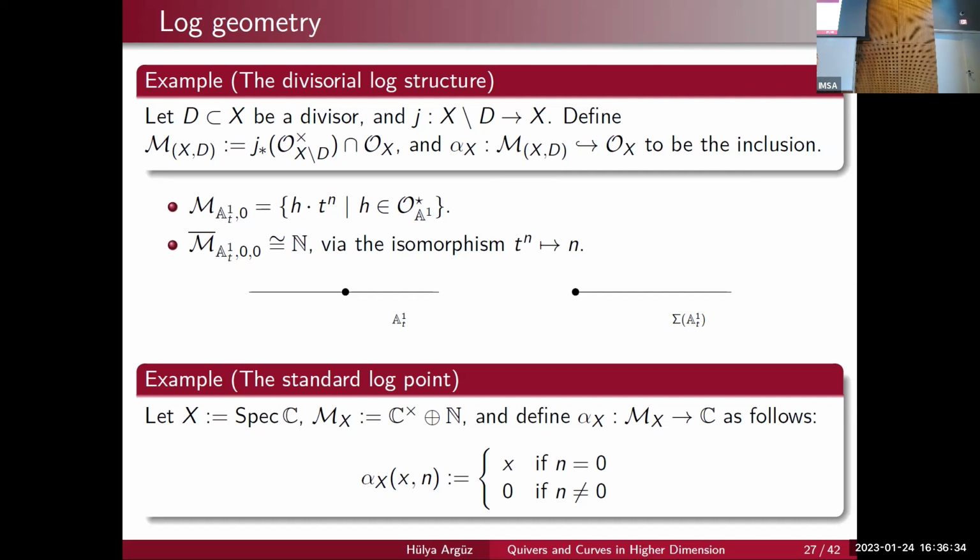If you pull this log structure back to Spec C, you will obtain a sheaf of monoids C star direct sum N, of rank one. Generally, we will consider the standard log point if you work with one-parameter degenerations. We will consider schemes over the standard log point, in the situation when we work with families of curves in these schemes. I will tell you about this in a minute.